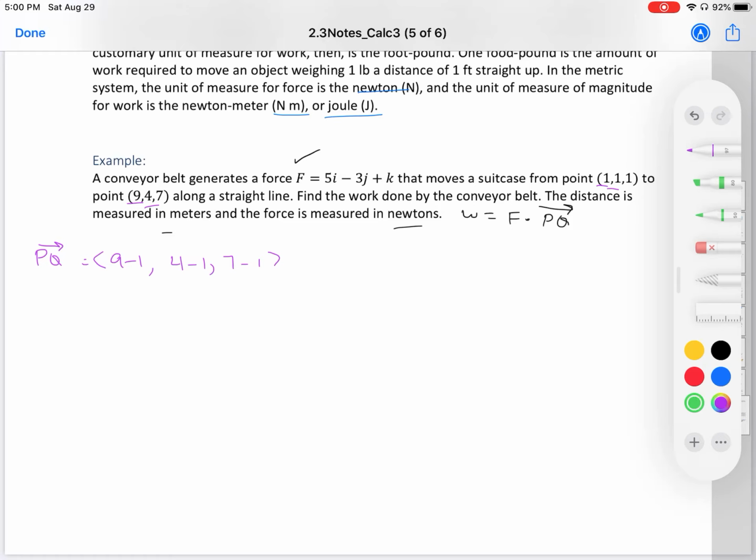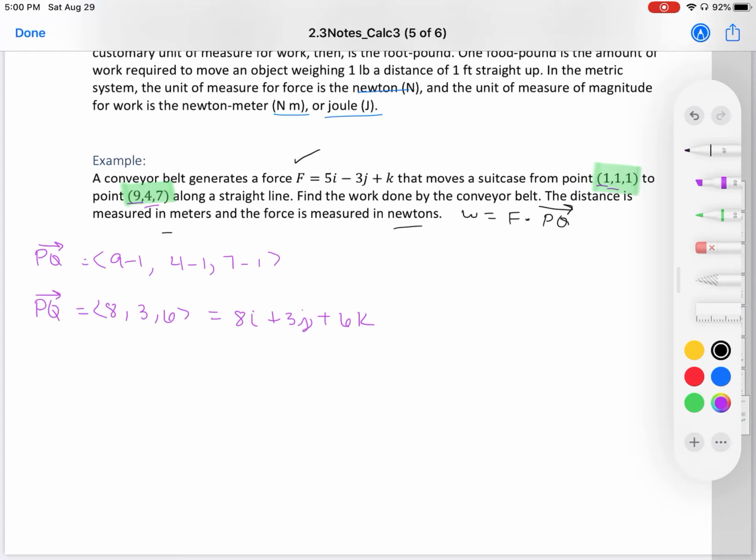So we're taking our two points and finding their difference so we can create a vector to which we can do the dot product. So our vector PQ would be 8, 3, 6 once we subtract, or if you want to write it in standard unit vector form, that would be 8i plus 3j plus 6k. However it's written, we know how to interpret it.